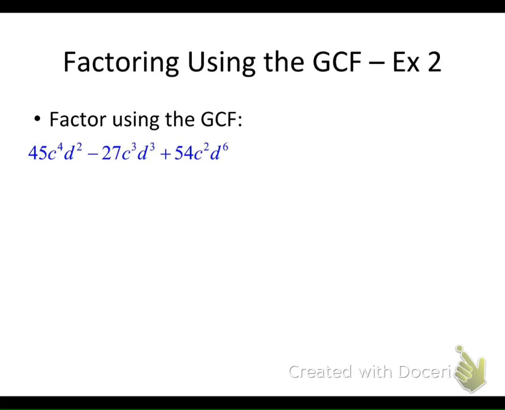What's the very first thing that I need to do with these 3 terms? Yeah, so I need to find the greatest common factor. So what are my factors for 45? 9 and 5. Okay, I need to make my pen smaller. Give me just a sec. Okay, and then for 9?